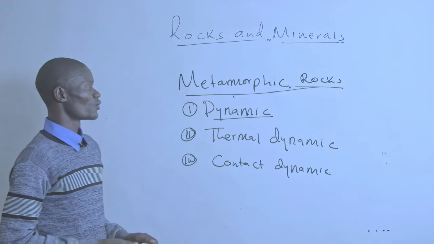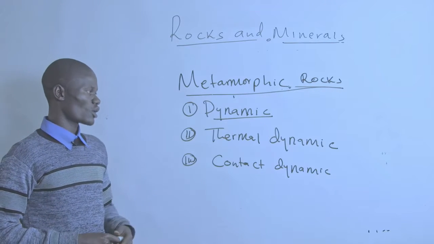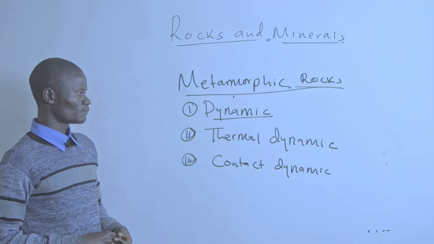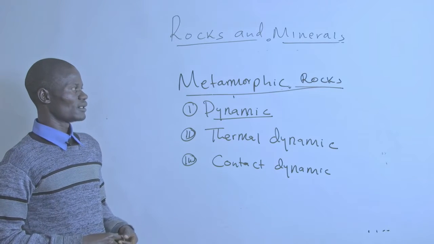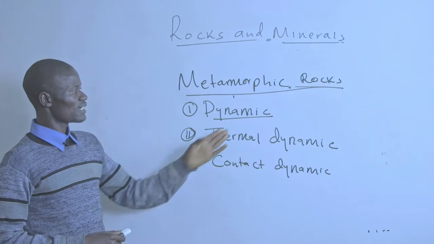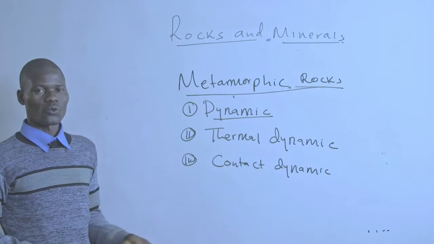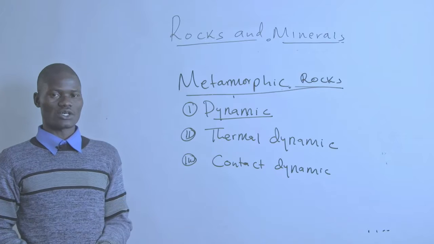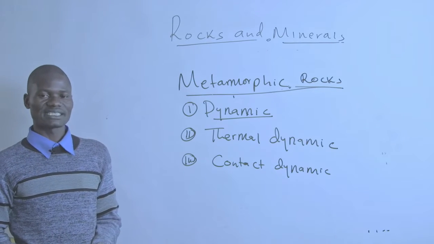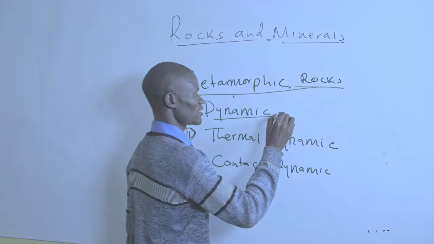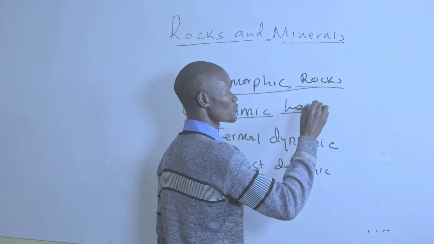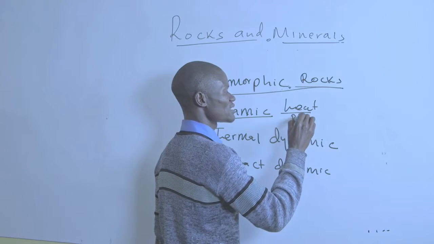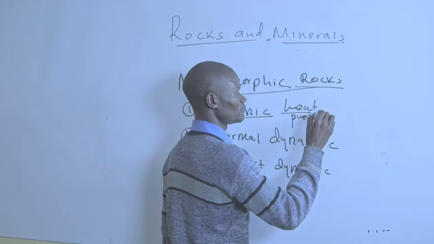Here, when we look at the dynamic metamorphic rocks, these are rocks that have been formed when previously sedimentary rocks or igneous rocks have been subjected to great heat. There is one thing that is common here, either heat and pressure.